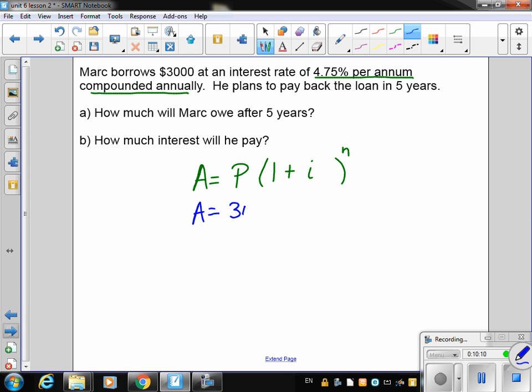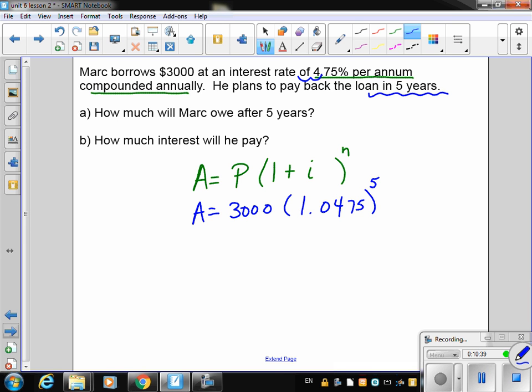He started with a $3,000 loan. The interest rate was 4.75%, so I have to move the decimal 2 places to the left to divide by 100, or percent, decimal 0.0475. And n is how many times they put the interest into his account. It's for 5 years. The exponent would be 5.